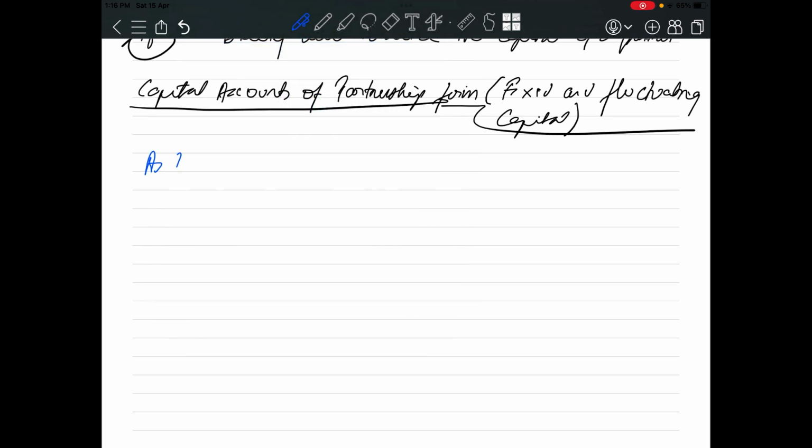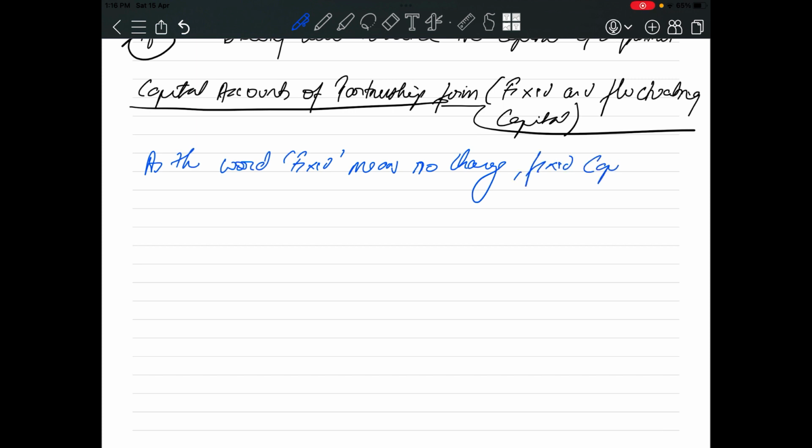Let's start. As the word fixed means what? Means no change. Fixed means no change.